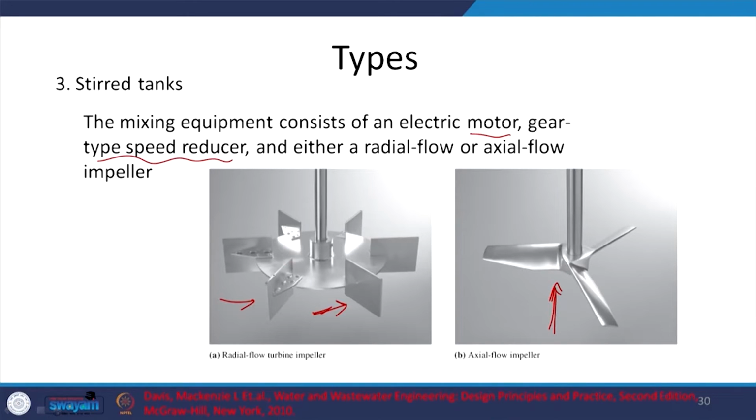Because depending on the design, you are going to have shear forces being generated that lead to turbulence, and obviously the energy that you are putting in through your motor, for which you are paying, will have to be able to do the job efficiently. So that's where the design comes into play, and we will look at this soon.